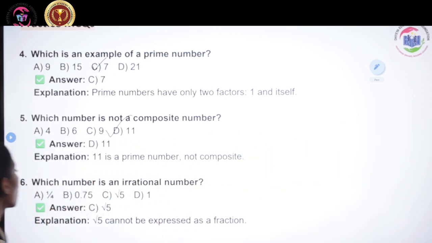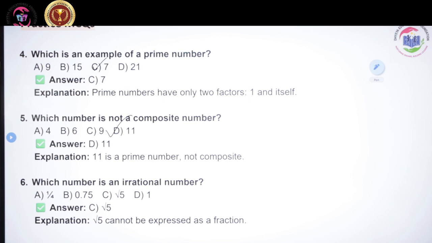Next question. Which number is an irrational number? We have to find the irrational number from the options. Option A 1 by 4, option B 0.75, option C root 5, option D 1.